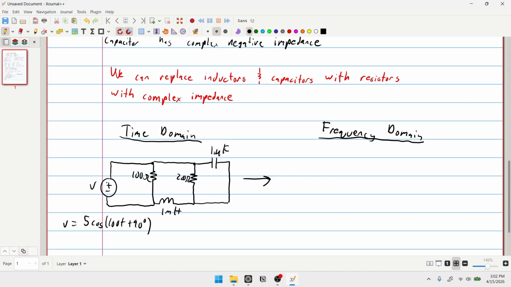This is V. Alright, when we move to the frequency domain and redraw the circuit, instead of a capacitor, we'll have a complex resistor. And the resistors will stay the same. And instead of an inductor, we'll also have a complex resistor.